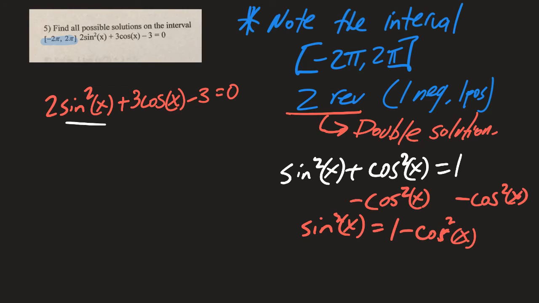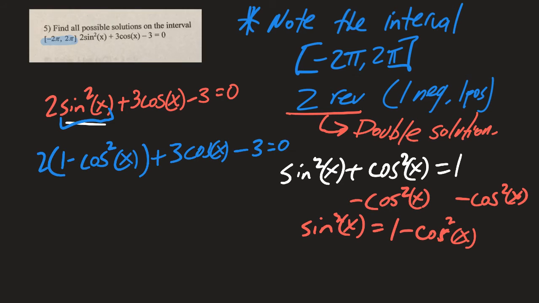And I'm going to substitute that in for this sine squared x. So now I've got 2 times 1 minus cosine squared of x plus 3 cosine x minus 3 equal to 0.